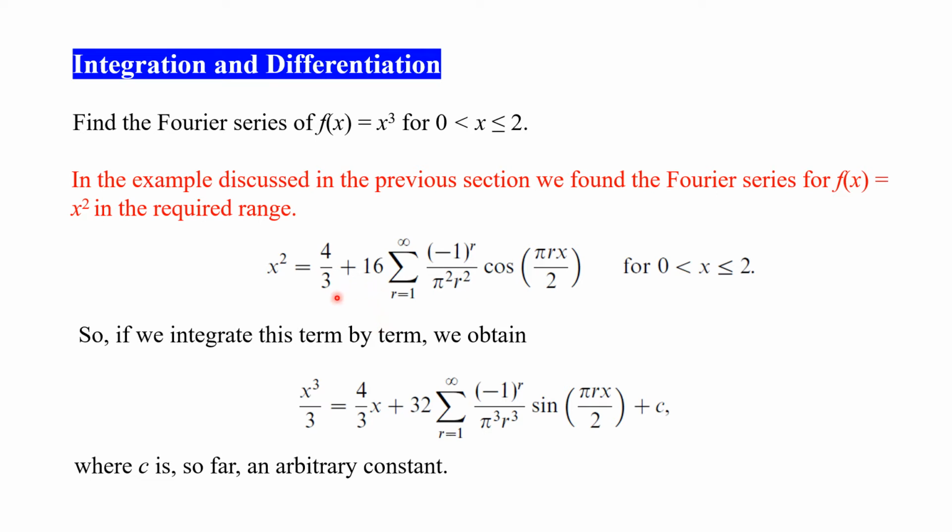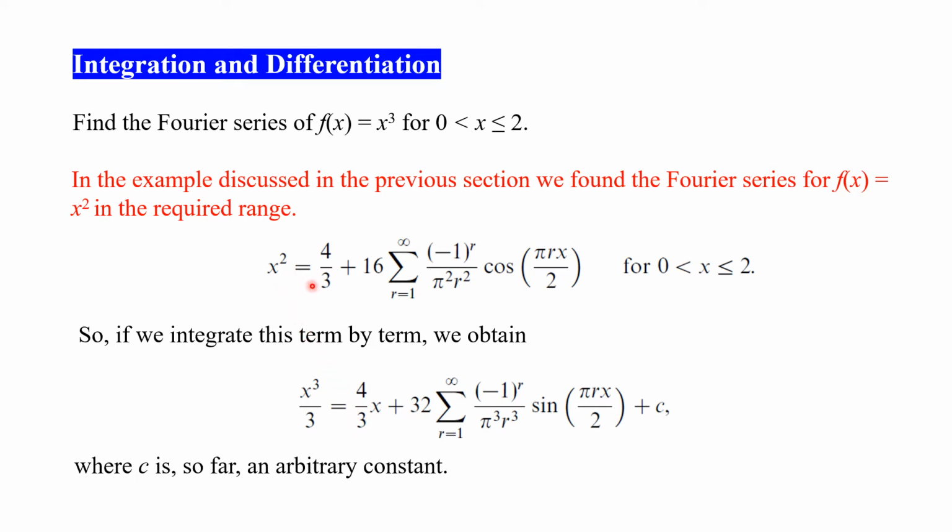Again, x squared is equal to 4 over 3 plus 16 times the sum of (-1)^r over pi squared r squared cosine pi rx over 2. So, if we integrate this term by term, we can obtain this one here.